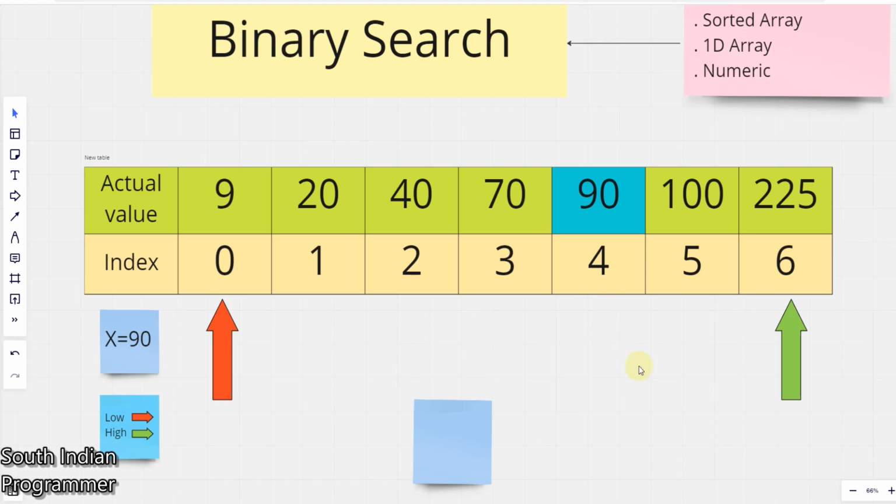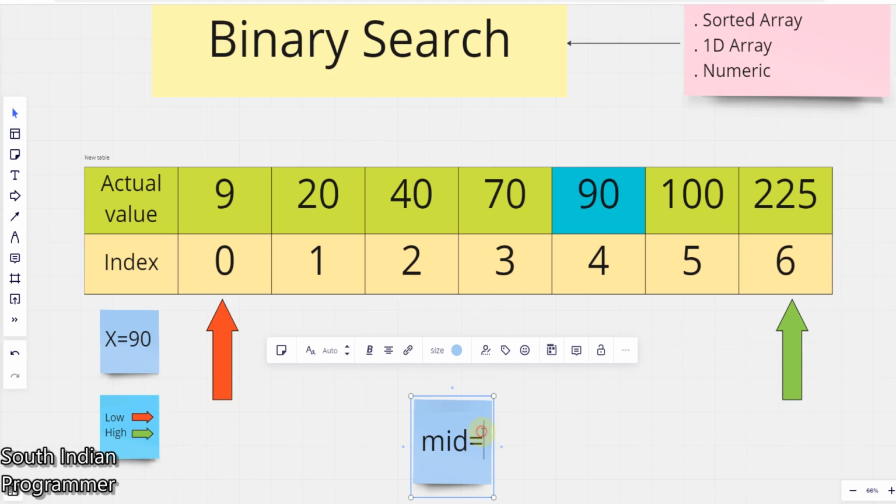That's it. So what I'm doing is finding the middle position of it. How do I find it? Mid equals... here I have indicated red as low and green as high, which means low will be initialized to 0 and high will be initialized to 6. These will be the pointers in this array. So what I'm doing is low plus high.